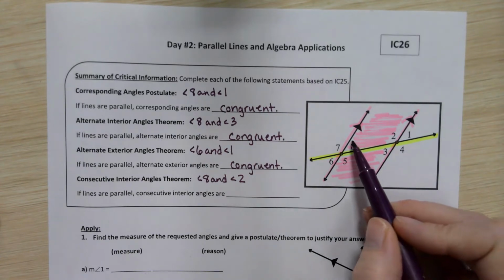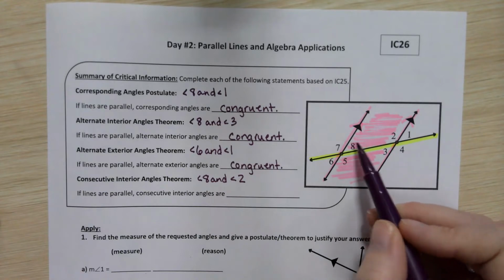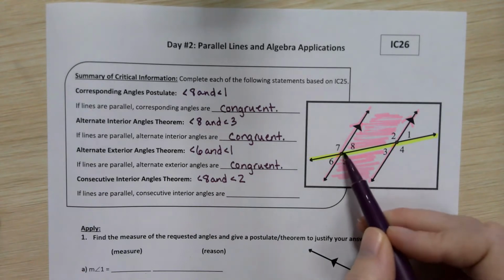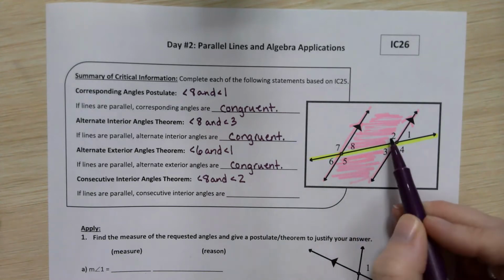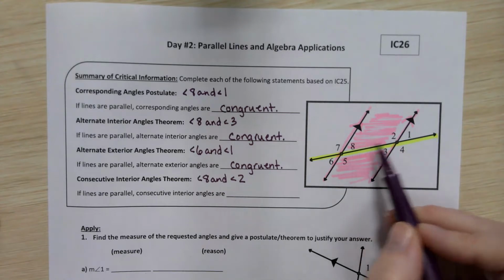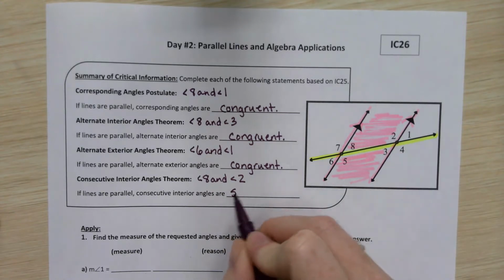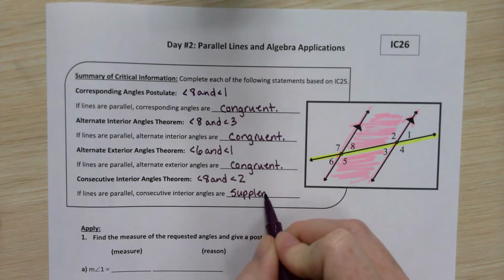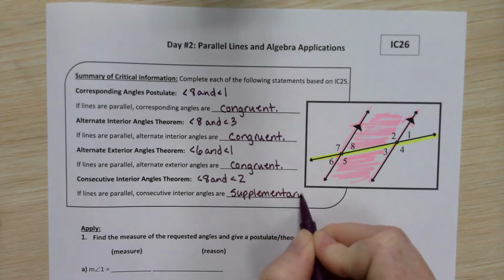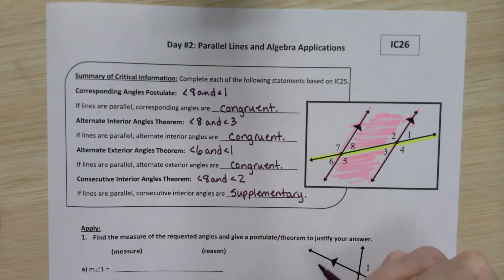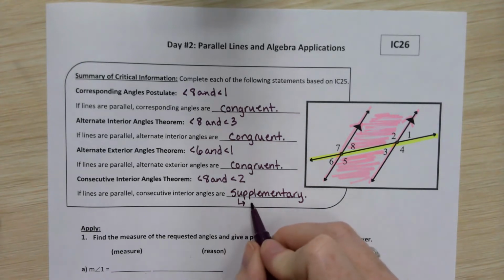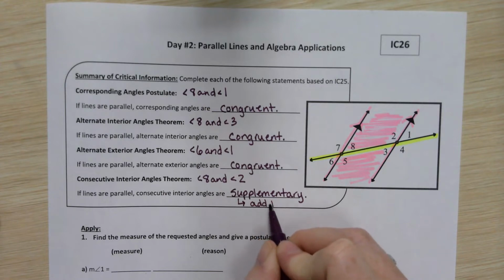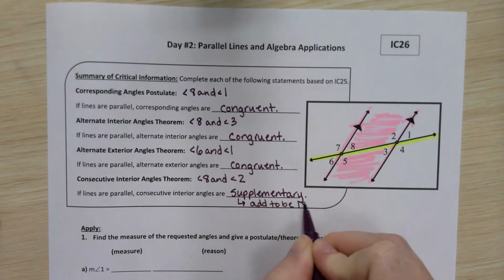We don't assume how large angles are based on how they look, but this definitely looks like it's less than 90 degrees, and this looks like it's more than 90 degrees, acute and obtuse. So those are not congruent angles, at least not by the way they look in that diagram. We figured out in class 25 that that particular type of angle is actually supplementary. And if you don't remember what supplementary means from standard 2, it means those angles add to be 180 degrees total.